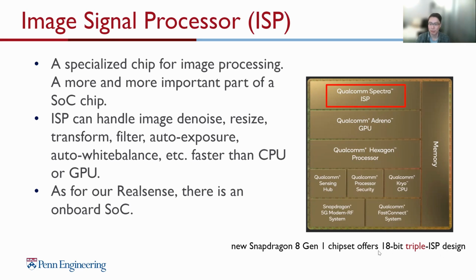This 18-bit just means it's high dynamic range. So for our Realsense, the Realsense actually has an onboard SoC. So it has an ISP on board to deal with auto exposure or auto white balancing, that kind of stuff.